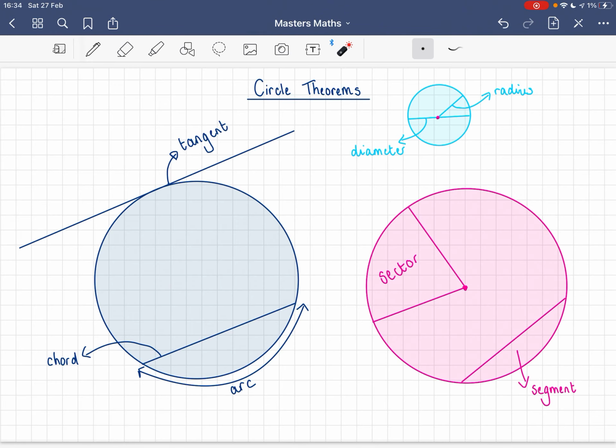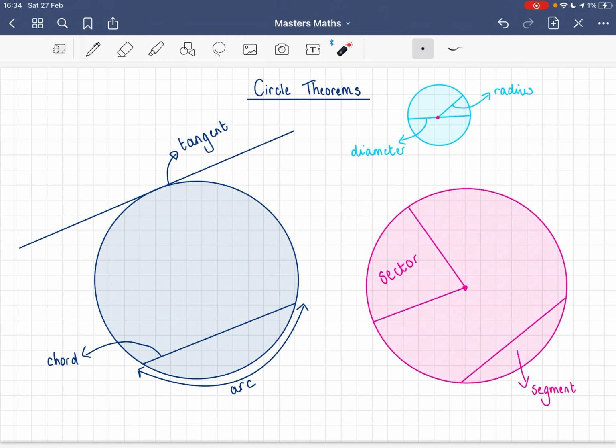We also have a chord, which is on the inside. Tangents and chords we will be using a lot throughout circle theorems, so you do need to know what those two things mean. And a chord is a line that is inside the circle. It hits 2 points on the circumference. So you can see this one is hitting here and here, but it does not go through the centre, or it doesn't necessarily go through the centre.